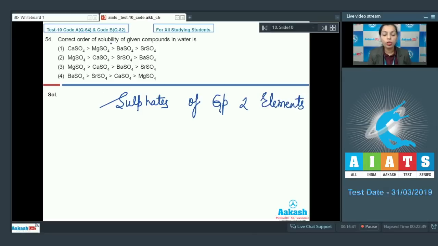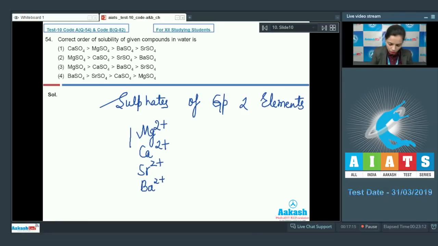And the order of solubility depends on the hydration process. Smaller is the size of the ion, more would be the hydration, more would be the solubility. So in this case, we have to arrange these ions in the order of increasing ionic size. The smallest sized ion among these is Mg2+. After that, there is the calcium ion, then the strontium ion, and then the barium ion.